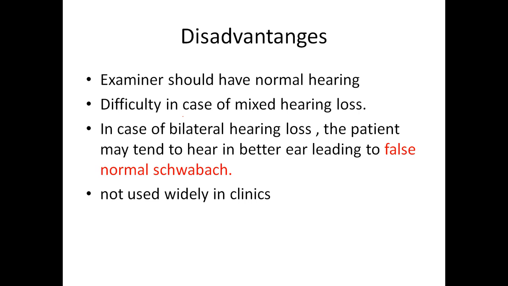In case of bilateral hearing loss, the patient may tend to hear in the better ear, leading to a false normal Schwabach. In bone conduction testing, the stimulation always reaches both cochleae, so there is more tendency to respond in the non-test ear.